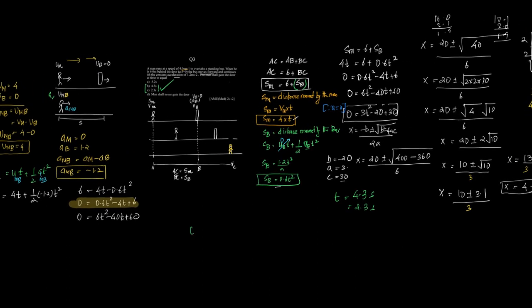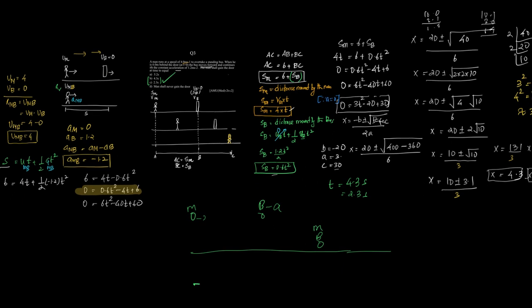See, so here is the man, so this is man and this is bus, right? So when we say there are two possible values of time for the man beating the bus, it simply means that since the bus is having some acceleration and the man is going with uniform velocity, at some point of time here the man will beat the bus, right?